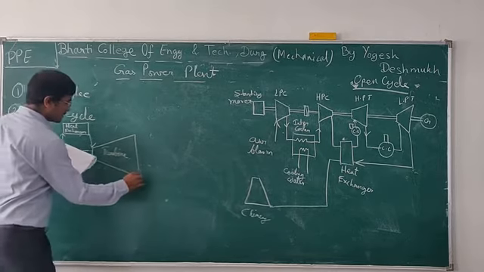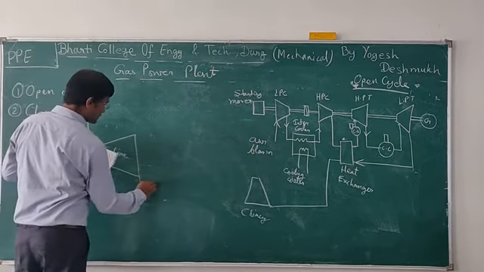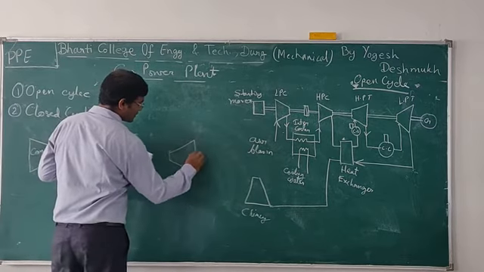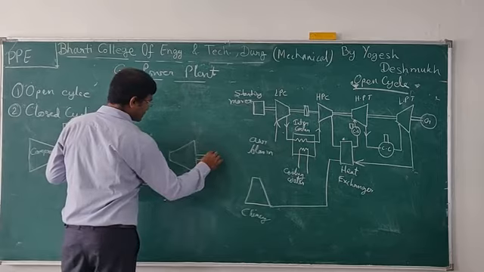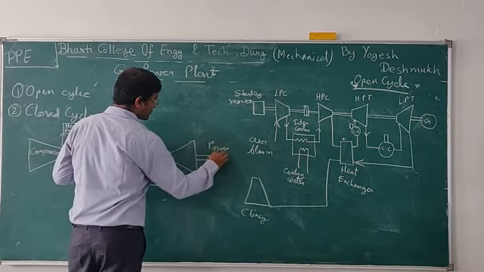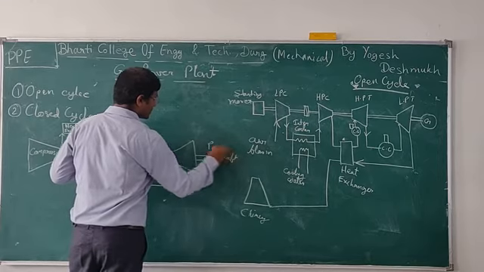Then it leaves that turbine and enters the power turbine, from where the power is generated. This is the power shaft, and this is the power turbine.